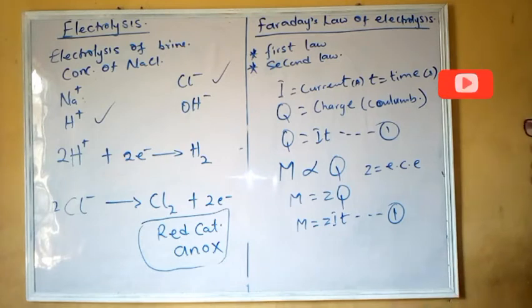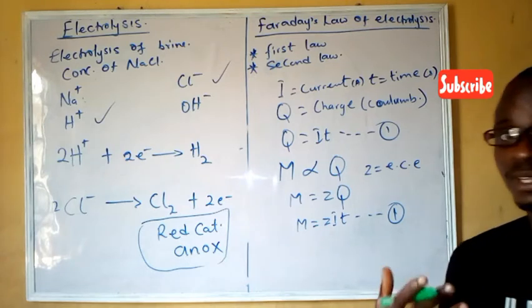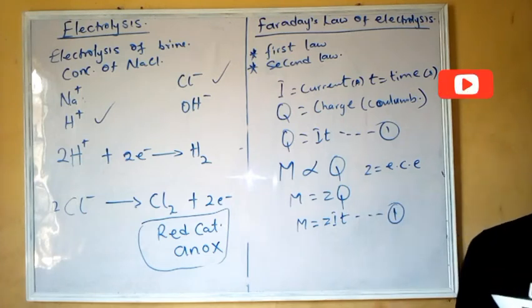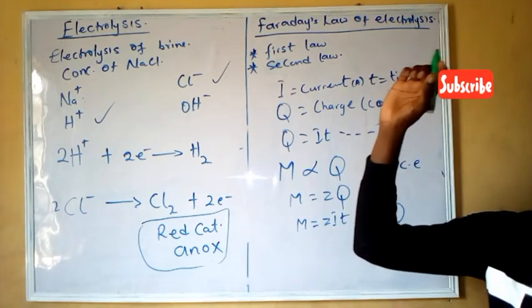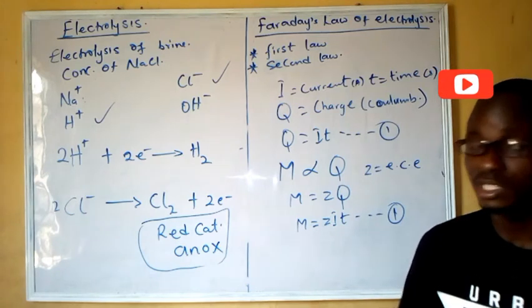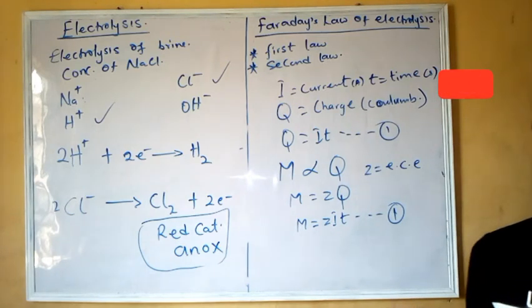The second law tells us the relationship between the charge on the ions of elements and the amount of charge that will be passed to give 1 mole of the element.